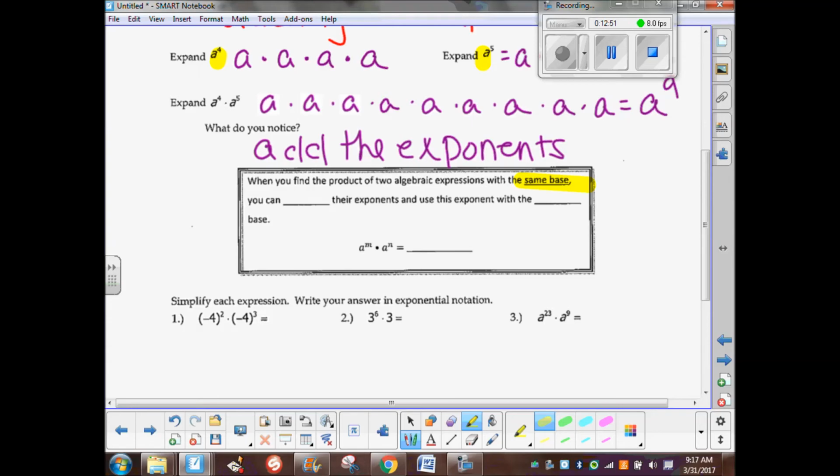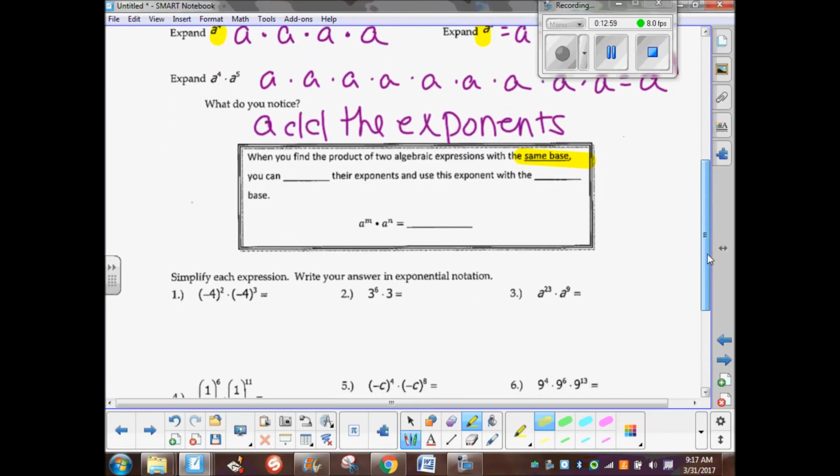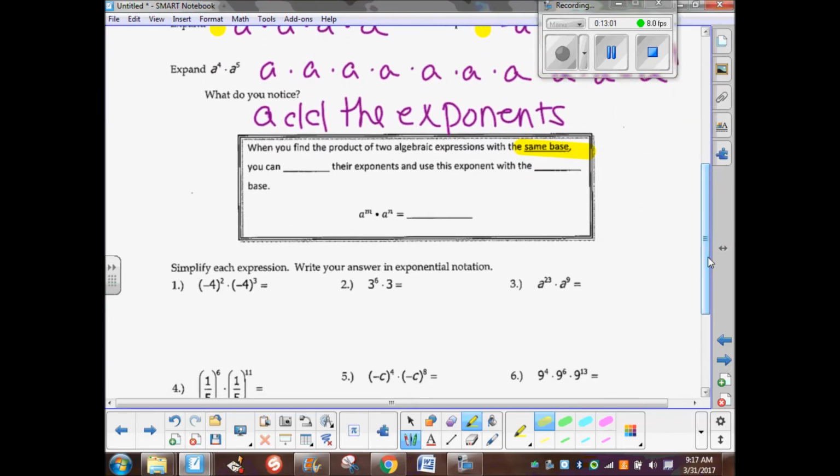That allowed us to do that. Back up here, our bases were the same, 10 and 10. We could add the exponents. You can add the exponents and use this exponent with the same or like base.